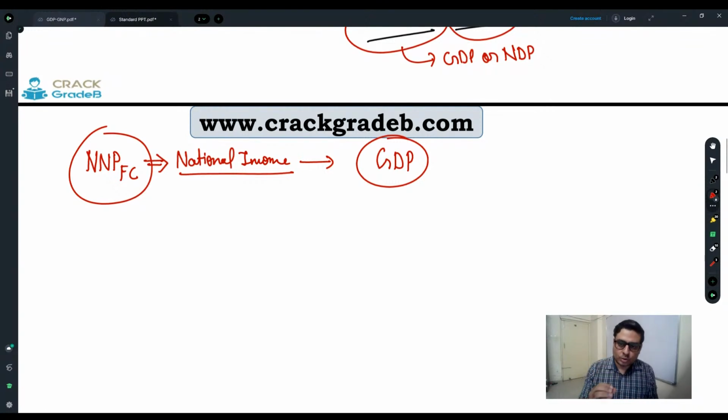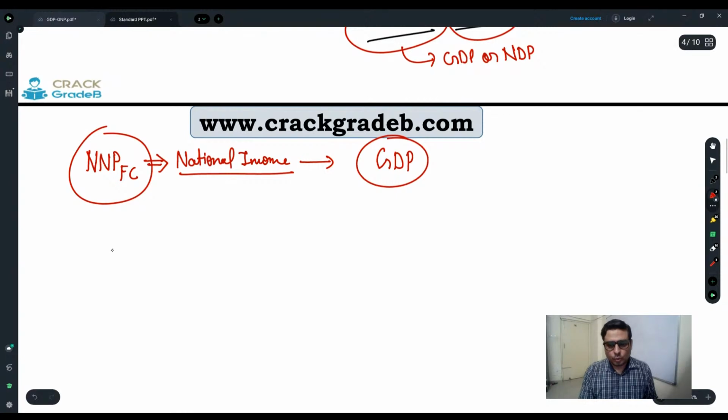GDP shows us what amount of production we are doing in our territory, right? GDP basically shows what amount of production activity is happening in your country. So the logic is, if production activity increases in our country, then definitely those who are citizens of India and are in India, their income is also going to increase.